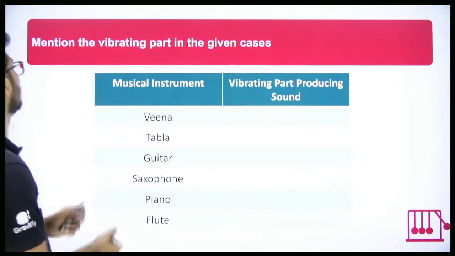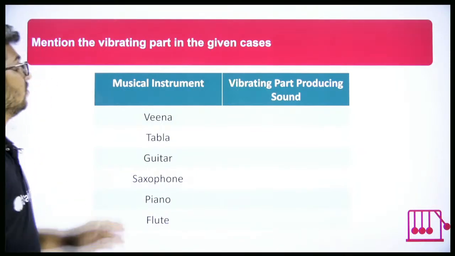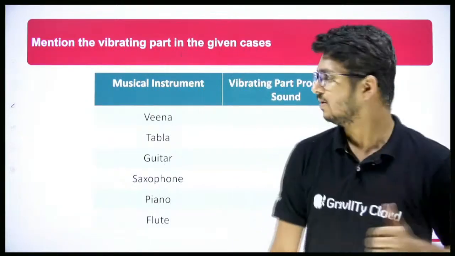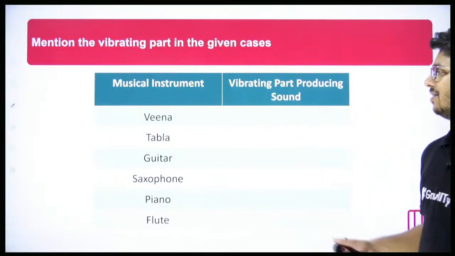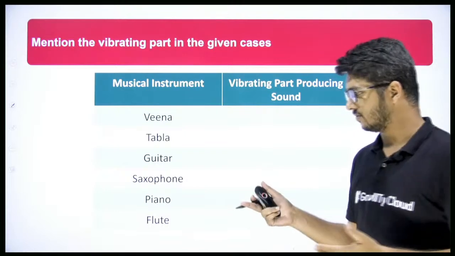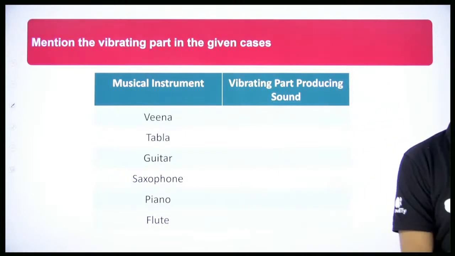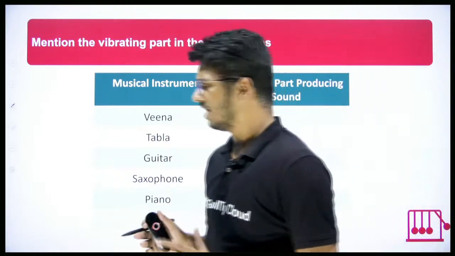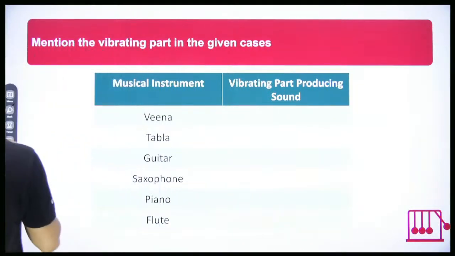Now let's go into a very simple question here, and what we will do is, we'll mention the vibrating part in the given cases. So we have a few examples: veena, tabla, guitar, saxophone, piano and flute. So what is the vibrating part in all these cases? I'll give you 1 minute of time, then please take it down.